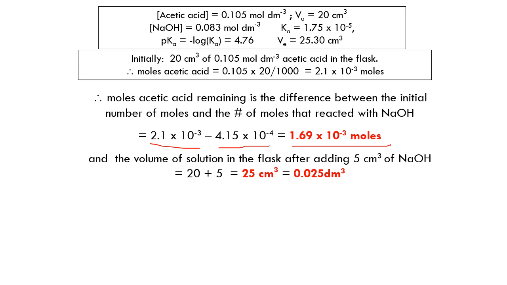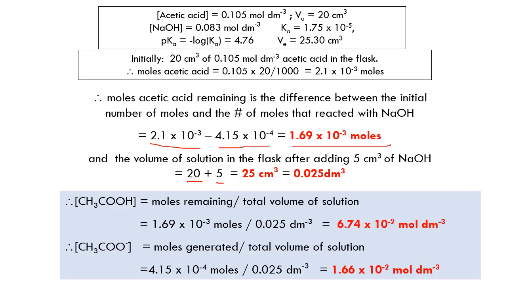To figure out the concentration, we do the moles divided by the volume in liters, and this volume is the total volume that is now in the flask. It would be the 20 cm cubed of acid initially there, plus the 5 cm cubed of base that was added. So the concentration of your acetic acid at this point is moles divided by volume, which tells us this concentration.